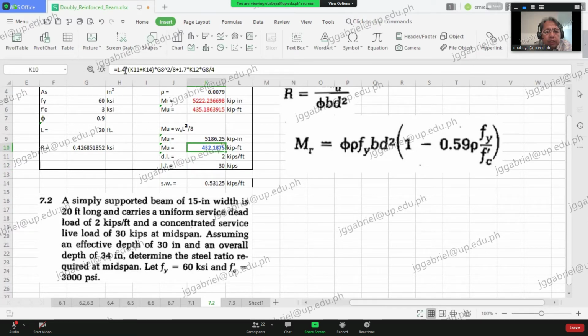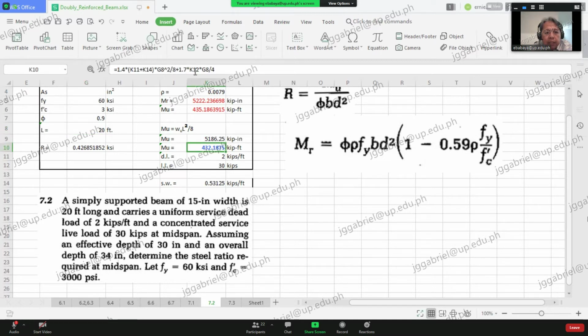So the formula for that is 1.4. This is the factor for dead load. So K11, K14, that's the address of the self weight and the dead load here. So the 2 and the 0.53, that's the W, because they are uniform load, times L squared over 8.